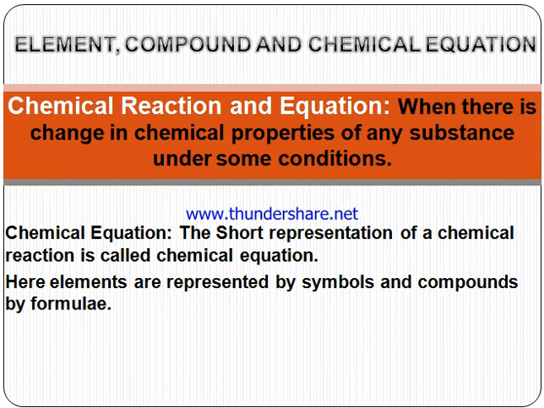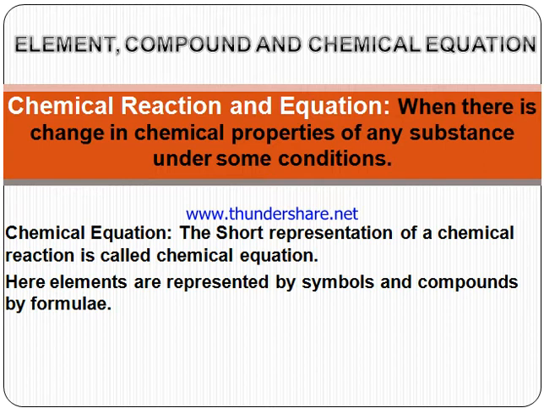Next is chemical reactions and equations. Chemical reaction will occur when there is a change in chemical properties of any substance. There are 2 terms, one is the reactants, other are products.